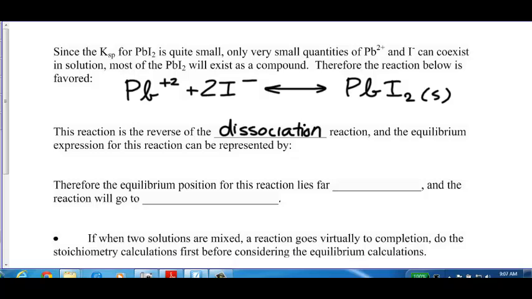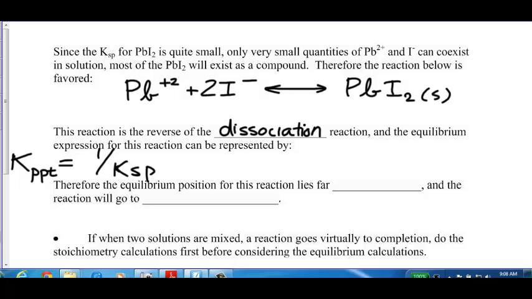And so the equilibrium expression for this would be K for the precipitation reaction is equal to 1 over KSP. Because remember from back in chapter 13, if you take the reverse reaction, you take 1 over the K, right?